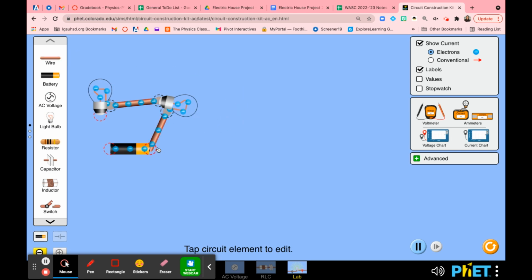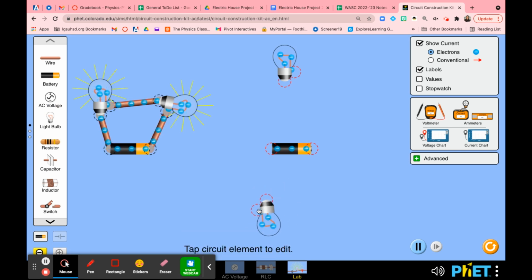So if it's in series, you have one loop that is connected to 2 light bulbs and a battery. Now, if it's parallel, we're going to take the same voltage and we're going to take 2 light bulbs again, but we are going to connect them in their own separate loops to the battery.